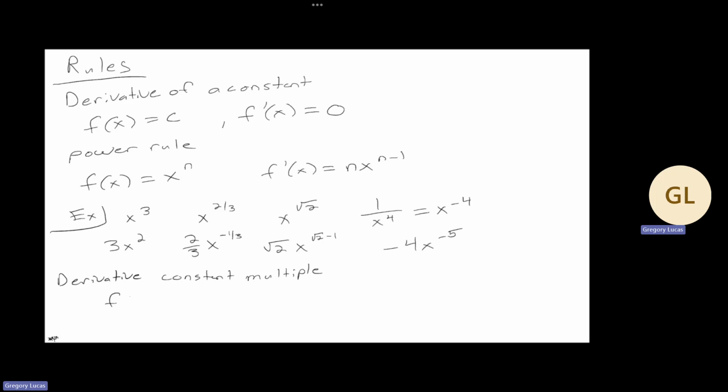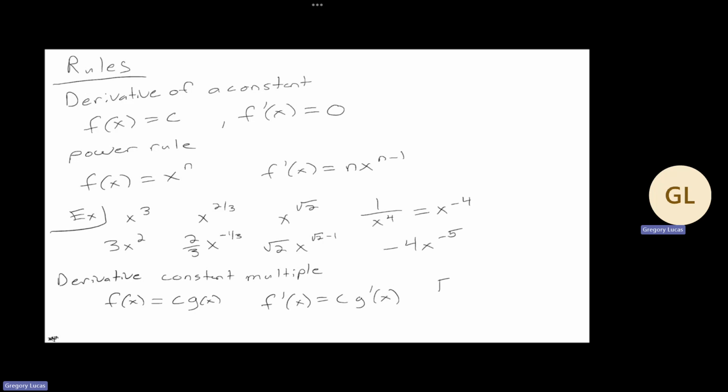So if f of x, let's say, is c times g of x, so just some constant times a function, then f prime of x is c times g prime of x. So we can think about this almost as we can ignore the constant there. So we can take the derivative of the function, and that would be our derivative.